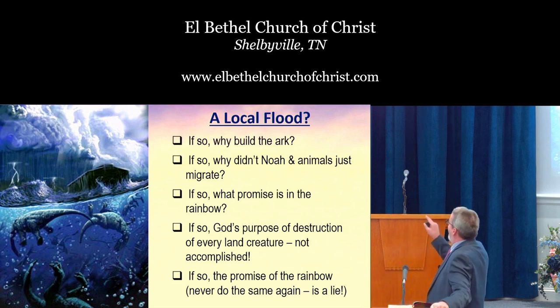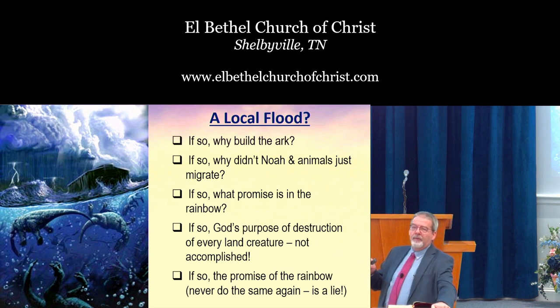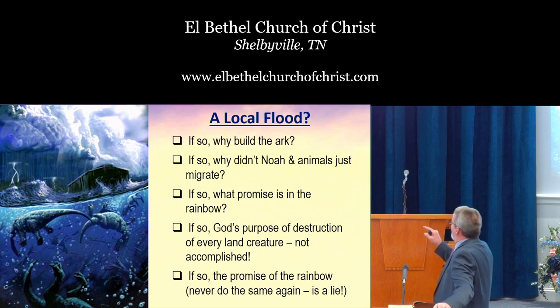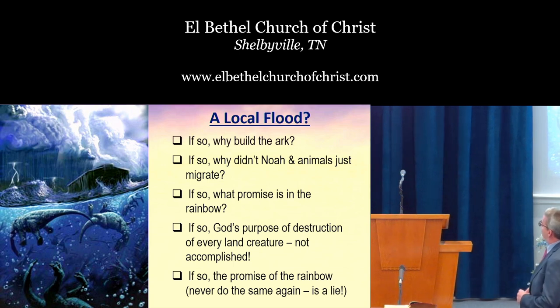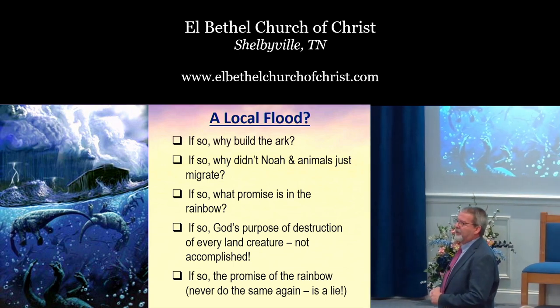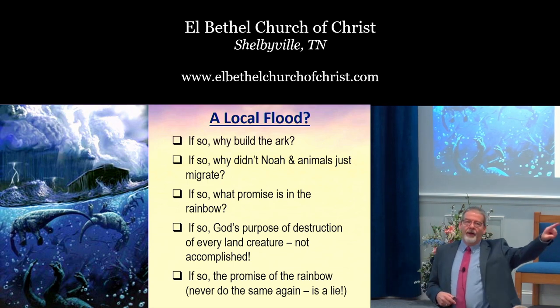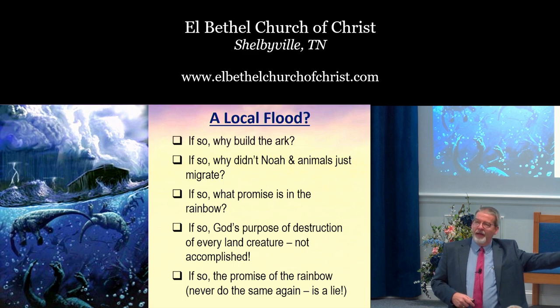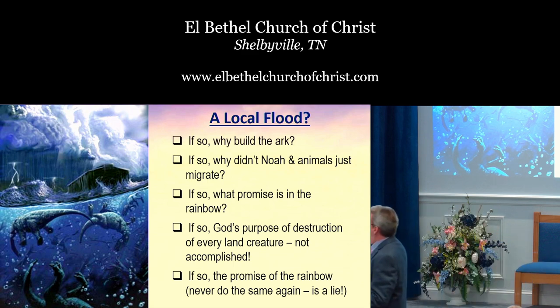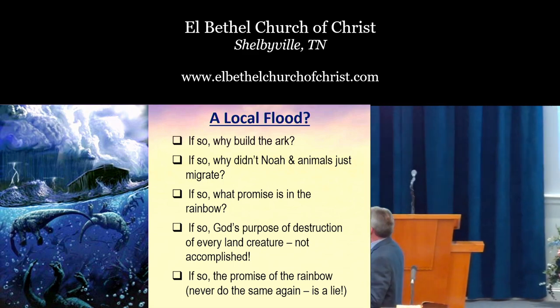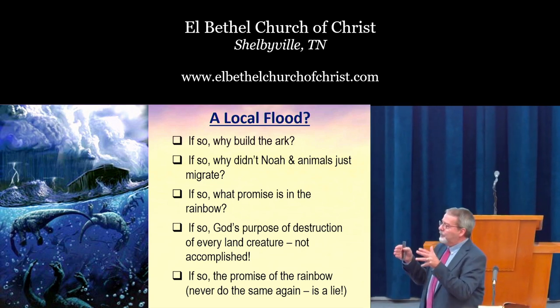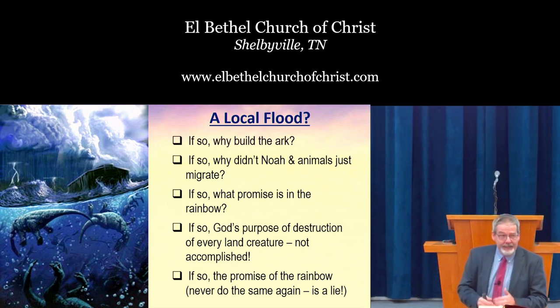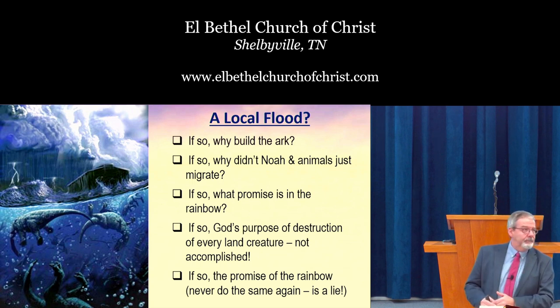If so, why the promise in a rainbow? Why did God make a promise in a rainbow if this was a local flood? If it was a local flood, then God's purpose of destruction of every living creature was not accomplished, because there had to be creatures that were on higher ground, that were not destroyed. And furthermore, this is a powerful point: if the promise of the rainbow was that God would never do this again, God lied to us, because he did it again.